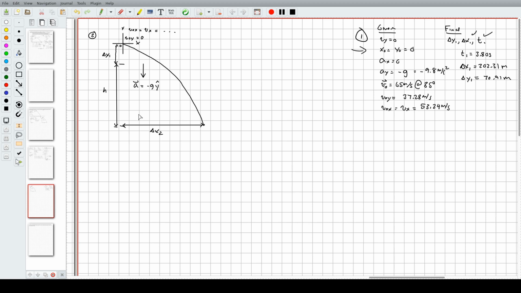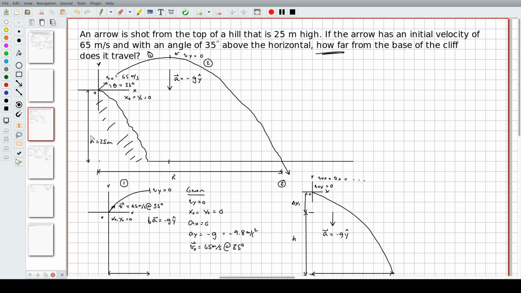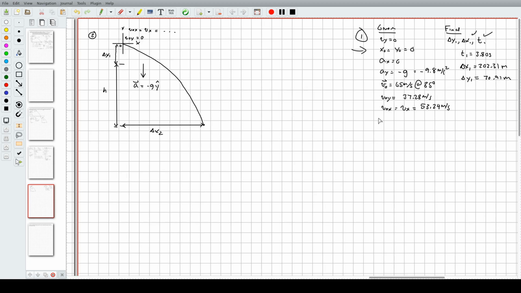So what we have here, let me just go ahead and put this additional bit of information that we have, and that's the height of the cliff. It's 25 meters. Should have put that there anyway. Okay, so here's the problem we're solving now. Now look, conveniently enough, we've been given some information, initially at least.